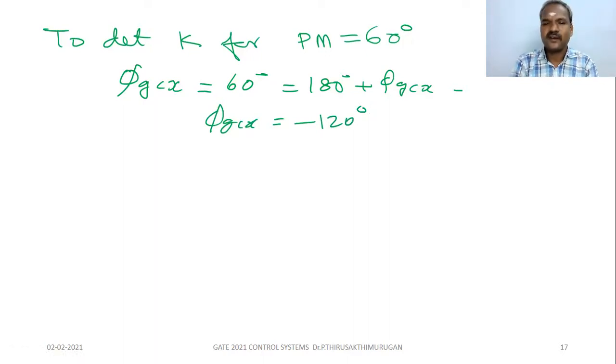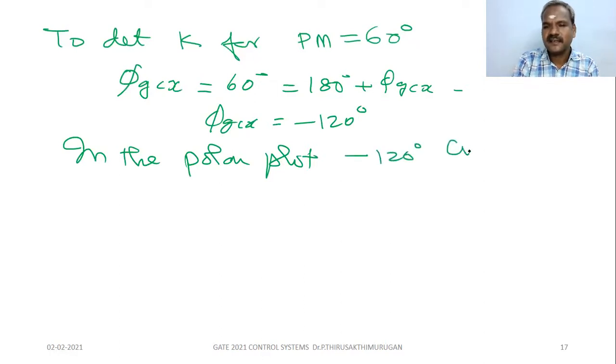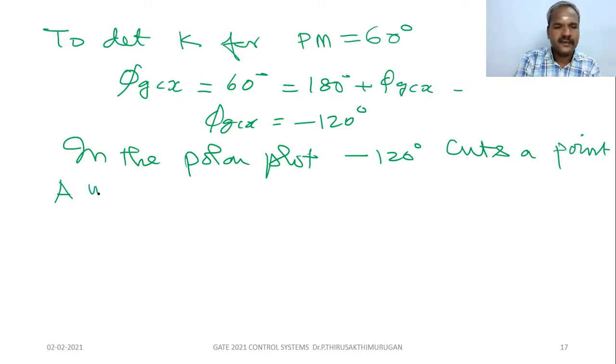In the polar plot, the minus 120 degree line cuts at a point, consider it point A, in the unity circle.